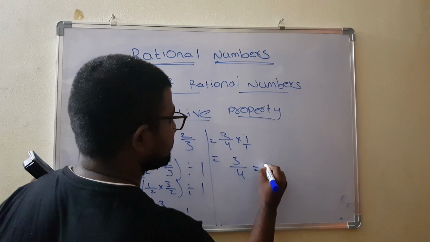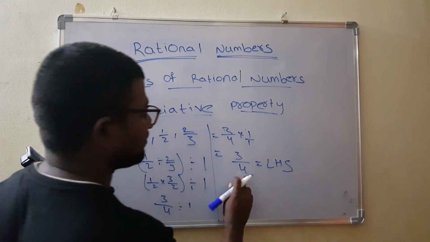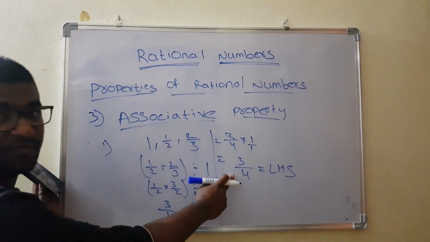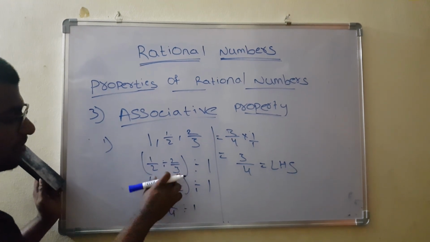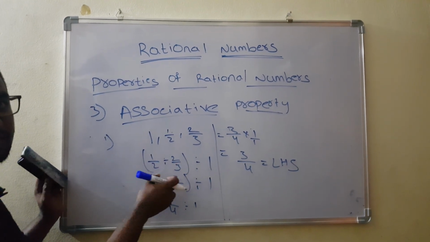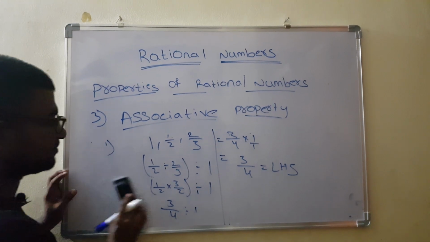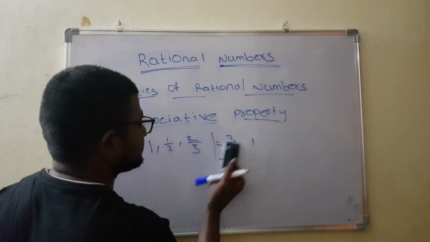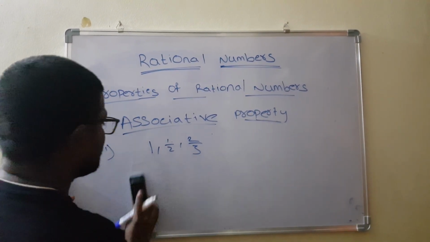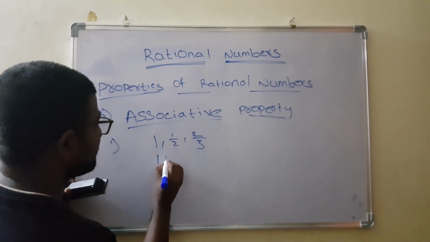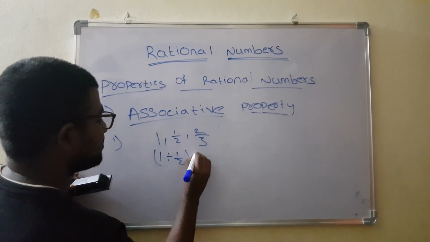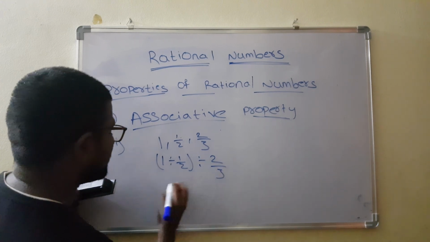This is equal to LHS. What do we get as the value of LHS? 3 by 4. By interchanging these numbers in the binary operation, we will see what result we get. That is 1 divided by 1 by 2 divided by 2 by 3.